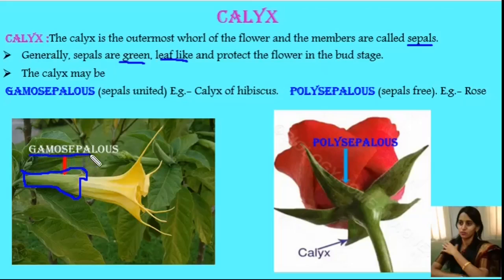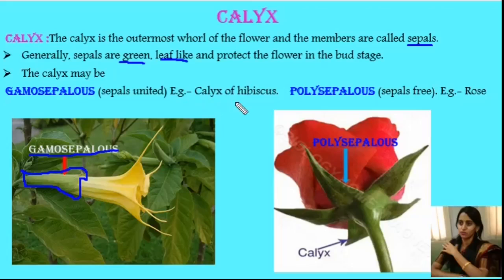Remember, what is gamosepalous? The sepals are fused in the calyx. The well-known example, which you can check in your garden if you have grown it, is the hibiscus plant.